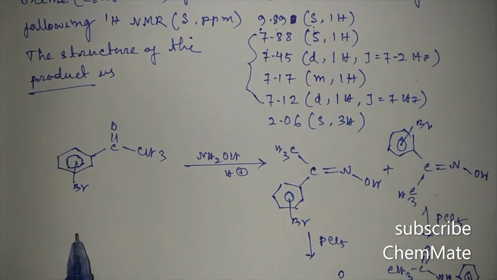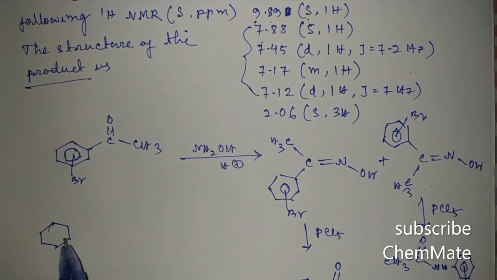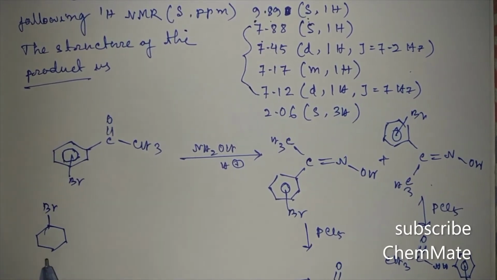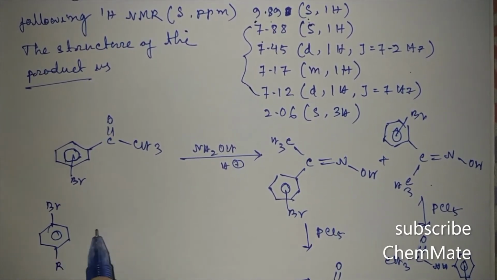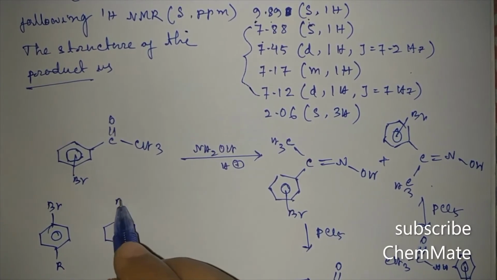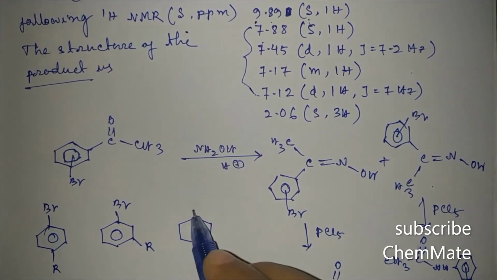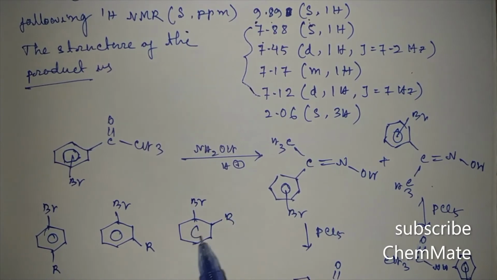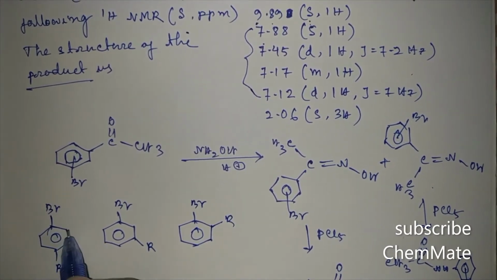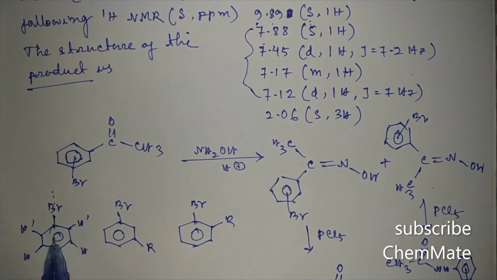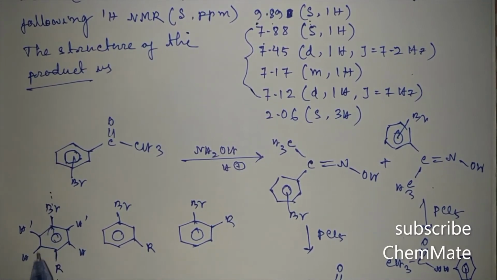Now if we take the 3 isomers, we have to determine whether the Br is para, meta or ortho. So how will we determine from NMR data? In the para form, these two hydrogens are H prime and these are H, and we can pass a plane through this molecule, so it can be divided into two equal halves.